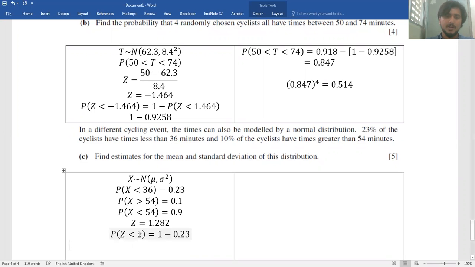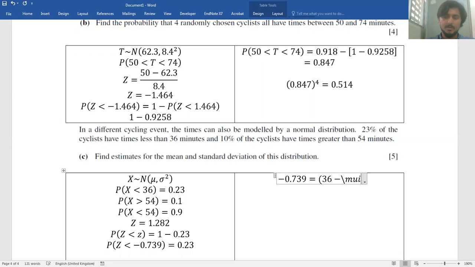So this is the value of z that I read from the table, which is 0.739. So the probability of z less than minus 0.739 is 0.23. We know that when z is minus 0.739, x is 36.